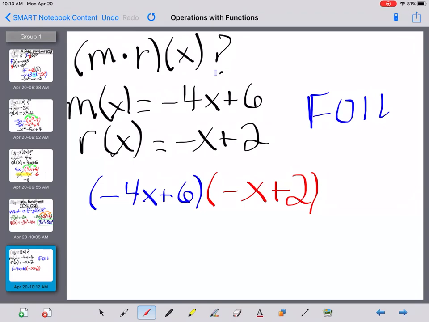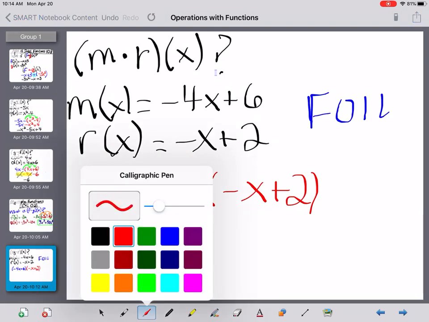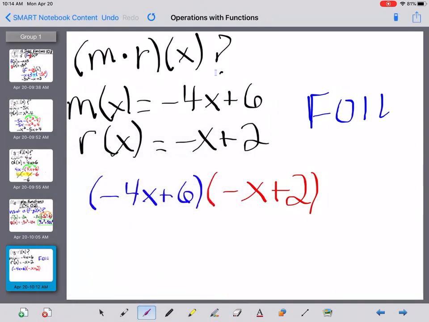Now, we're going to resort to FOIL because we're multiplying the binomial times the binomial. I'm just going to use 4 different colors here to kind of show you what it is we're doing. So we have our first times our first.